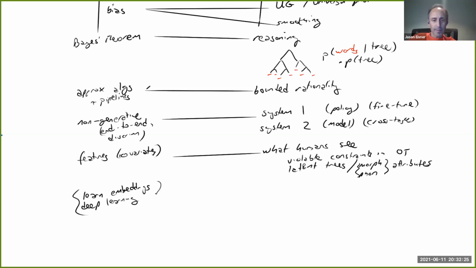So this basically corresponds to representation learning. So this is discovering features.